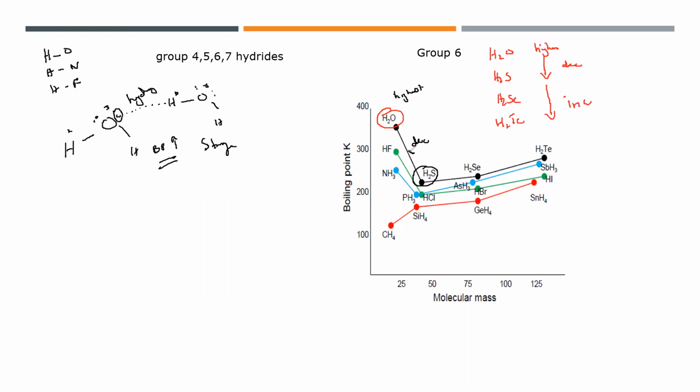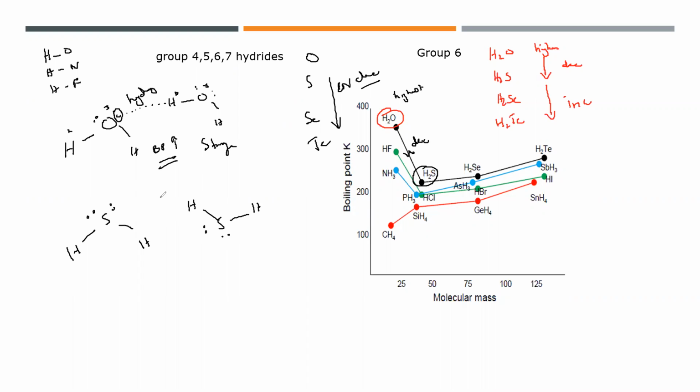Why is there a decrease moving from water to hydrogen sulfide? Keep in mind that as we go down the group, oxygen, sulfur, selenium, the electronegativity decreases because the distance between the nucleus and the last shell electron is more. So the nucleus cannot attract the electron with a stronger force, so electronegativity decreases.